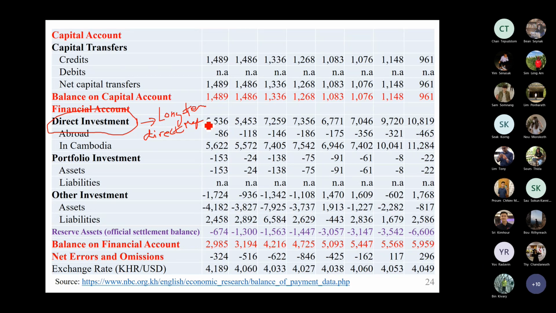So when a company, like a Japanese company, or the Ford company, comes to invest in Cambodia, for example, to assemble cars, this is called direct investment because they build the factories, okay? And because building the factory and setting up the system is a long term commitment, it costs a lot of money.